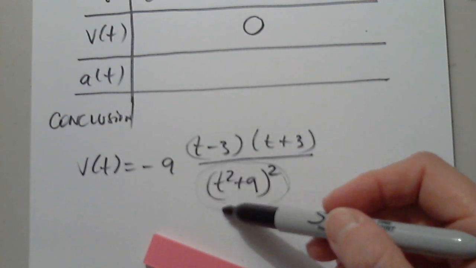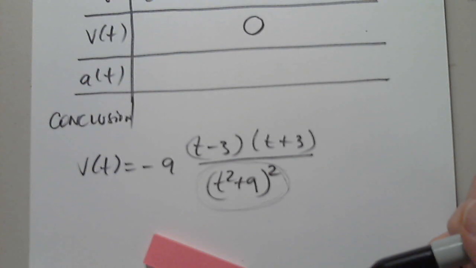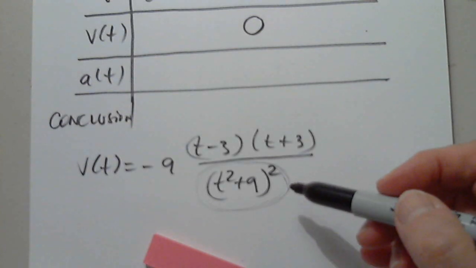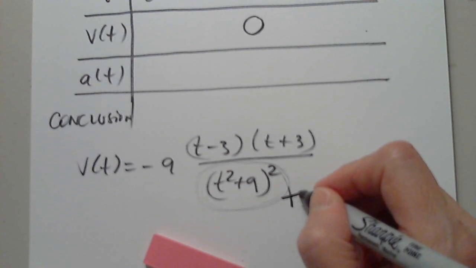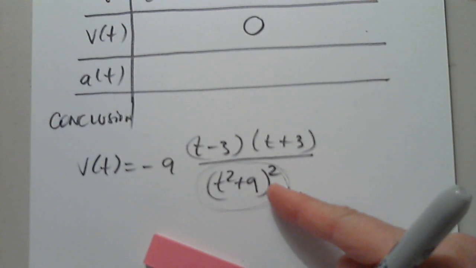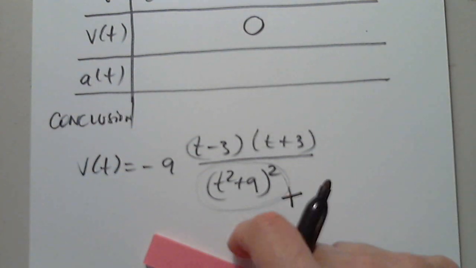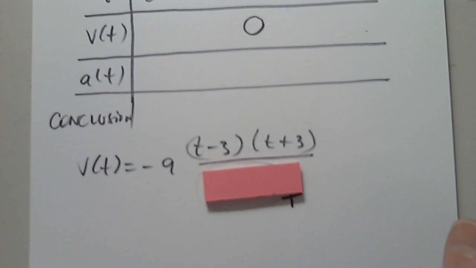Why? Because it's always positive. It's a quantity that is squared. It will be a waste of time to plug in anything in a quantity that is always positive.